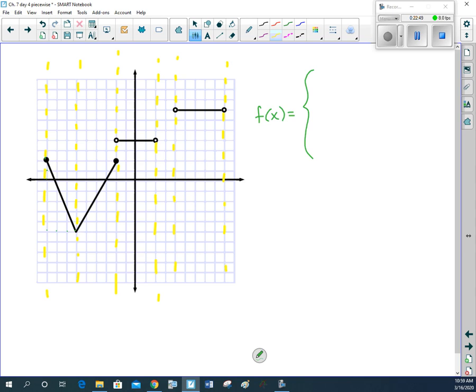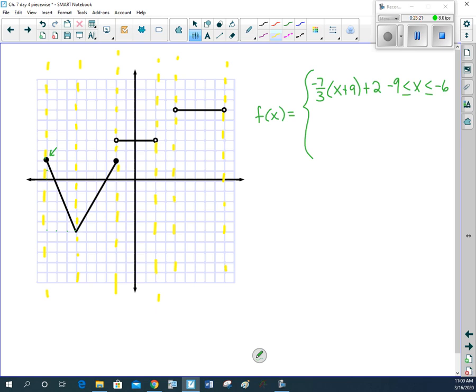So we're going down 7, to the right 3. And I will just use this point right here, which is negative 9 and up 2. And the boundaries for that are between negative 9 and negative 6, and it looks like they are both closed.